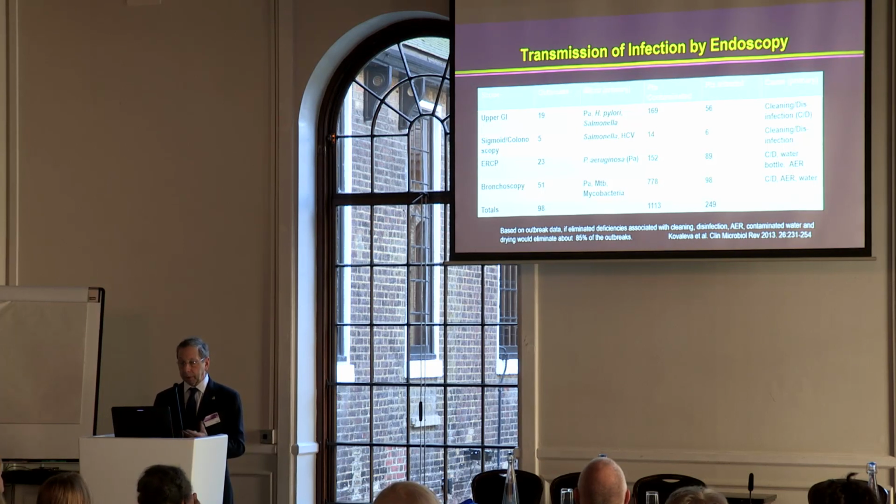With upper GI, H. pylori has been a problem, particularly when we were using manometry probes and before we did proper high-level disinfection. Salmonella has been an issue. Bronchoscopes obviously involve different organisms, Pseudomonas also, but Mycobacterium, non-tuberculous Mycobacterium, and Mycobacterium tuberculosis have all been an issue.